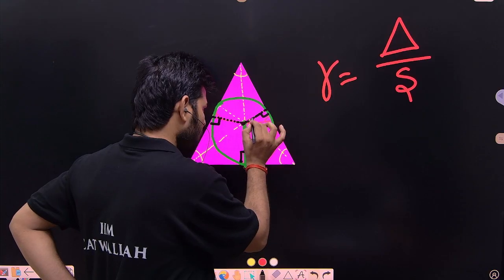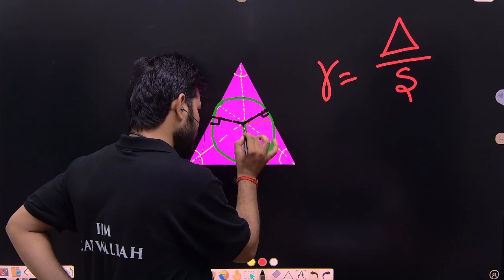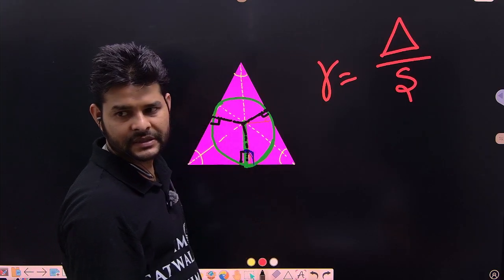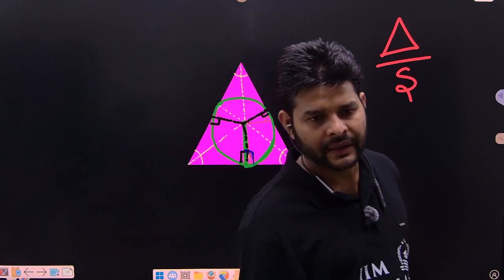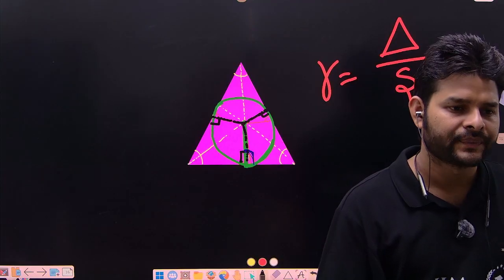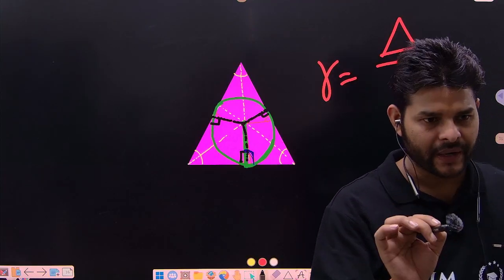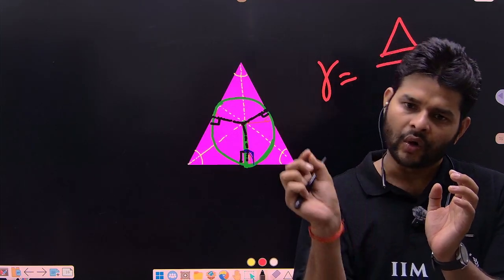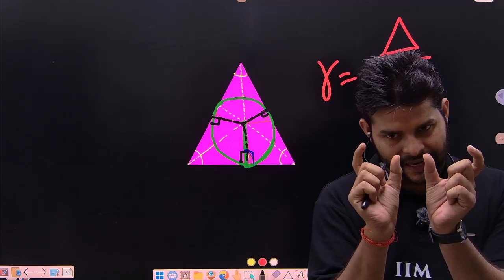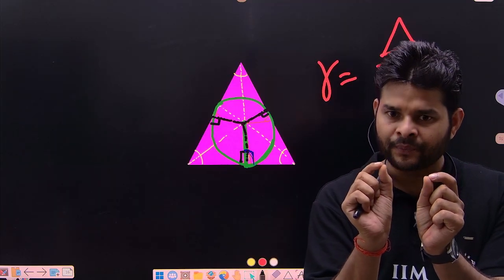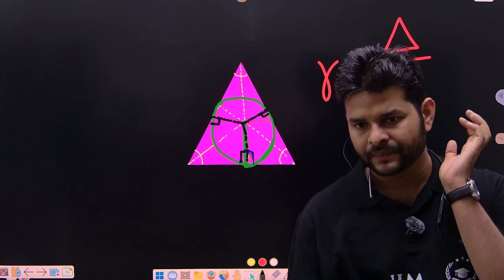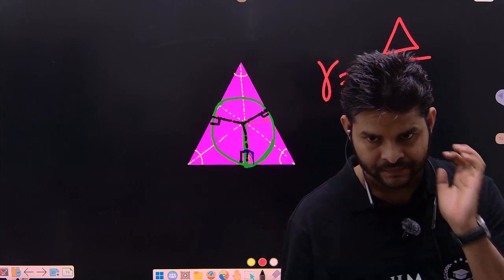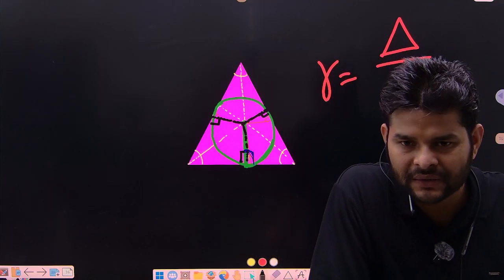So all these lines would be equidistant from the incenter. The length of these perpendiculars would be equal. And that equal length is called what?